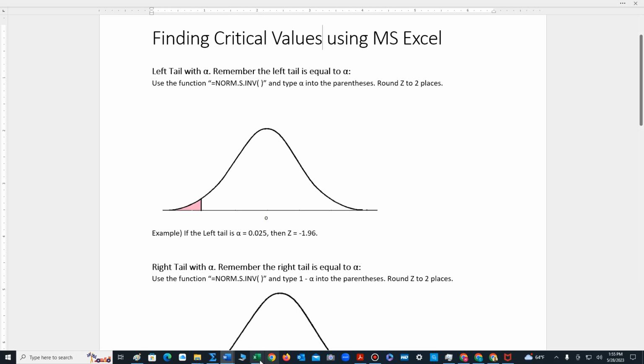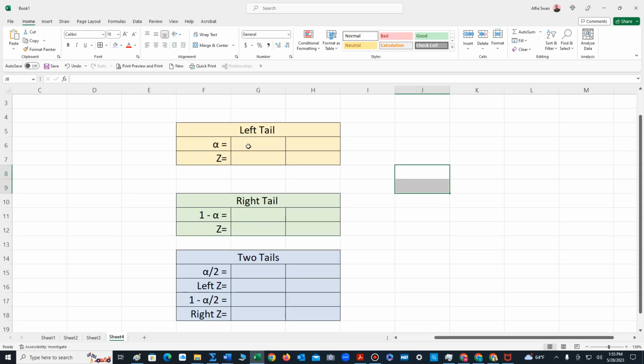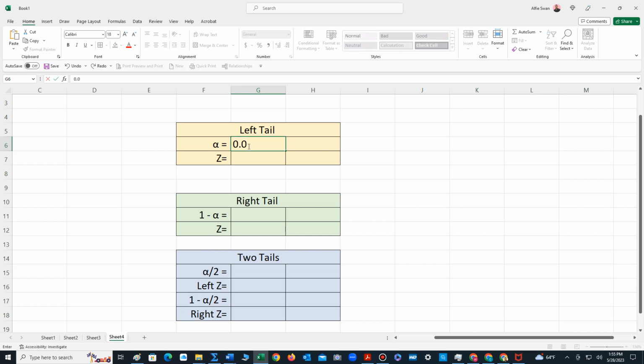So let's verify this. For that first example, alpha is 0.025. To find the left critical value, we type equals norm.s and we want to select INV.